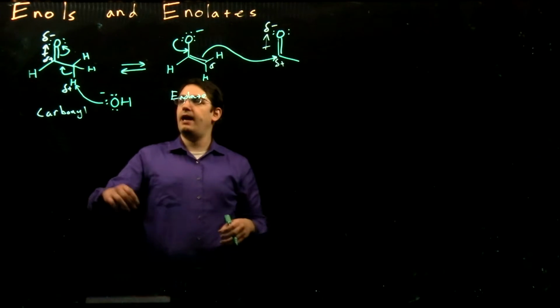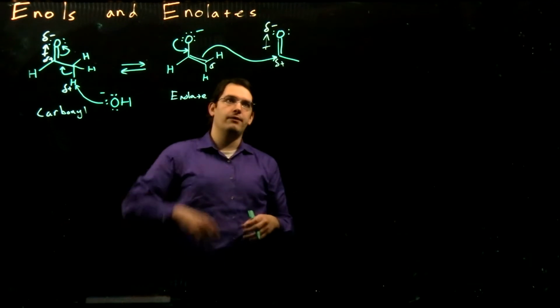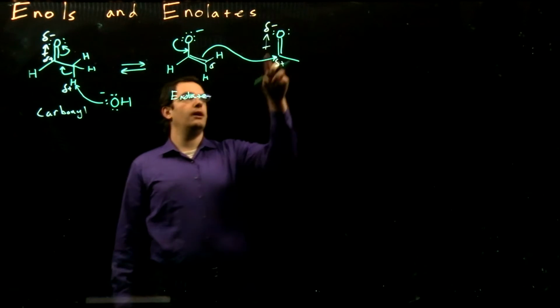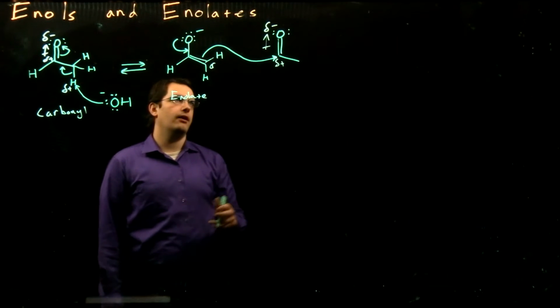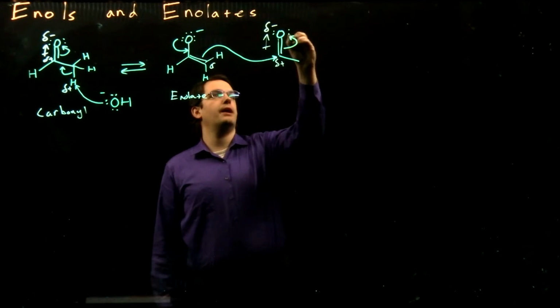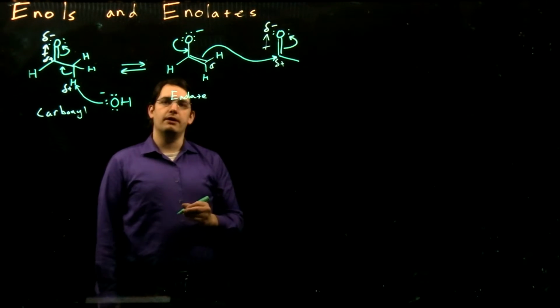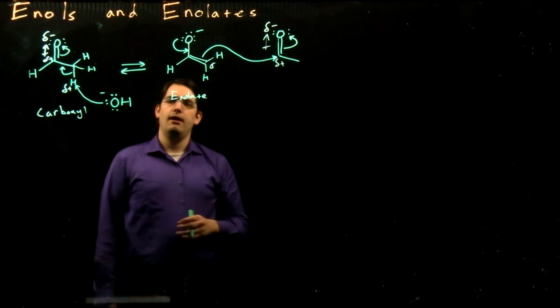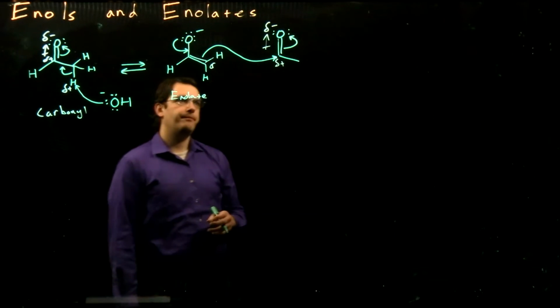So we're actually attacking with the enolate form of our ethanol onto another molecule of our ethanol. Again, as always in these nucleophilic addition reactions, the electrons from our double bond move out of the way up to our oxygen.